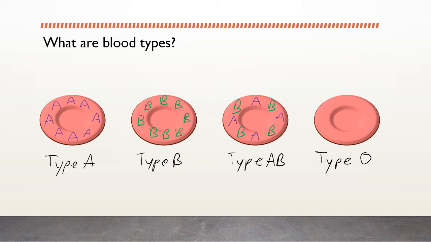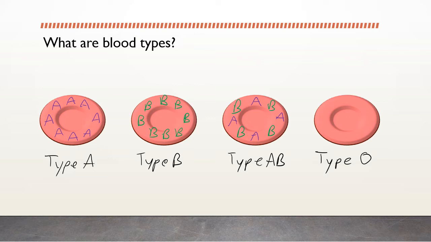So that's the basics of blood typing. If you're a type A blood type, not a type A personality, but if you have a type A blood type, then every blood cell in your body will have A glycoproteins on it, but not B. If you're a type B blood type, then every red blood cell in your body will have B antigens on it, and none of your blood cells will have A antigens.